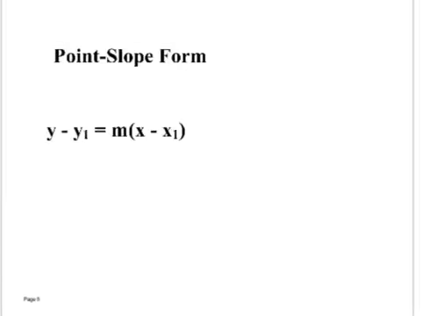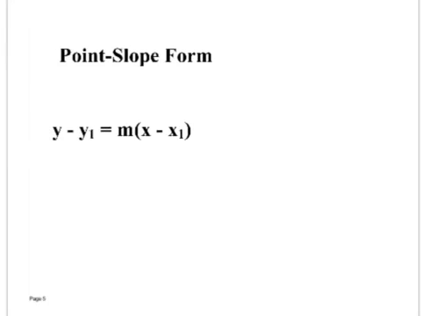Okay, write this down. This is point slope form. Slope-intercept form is used when you know the y-intercept and when you know slope. Sometimes you don't know the y-intercept. So they came up with this form when all they give you is your slope, m, and a point on the line, which we're going to call x1, y1.